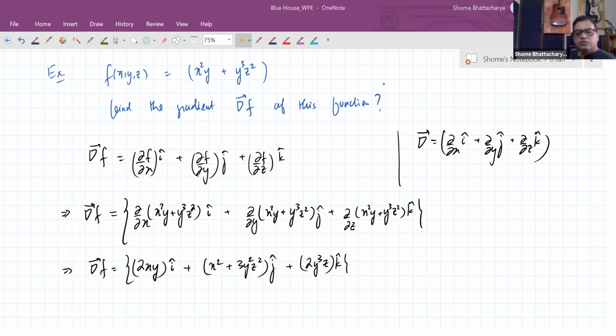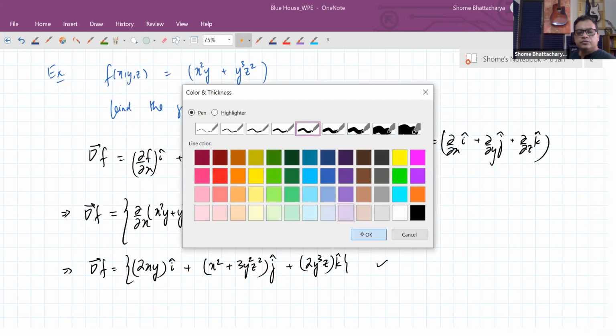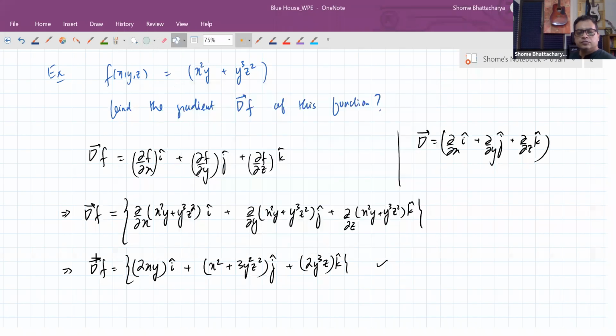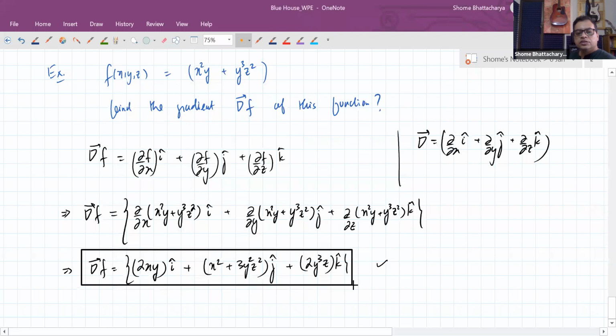In the first term, x is the variable, in the middle term y is the variable, and in the third term z is the variable. So that's how we get this. This now becomes the gradient of the given function. This is the meaning of the term gradient of that function.